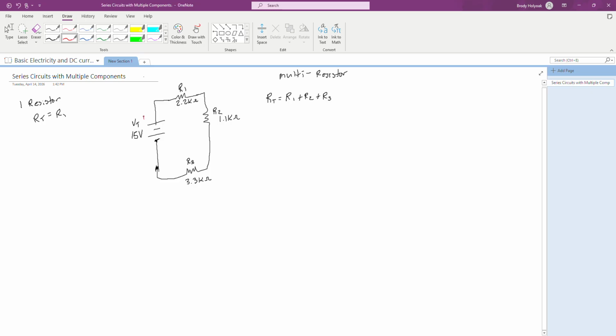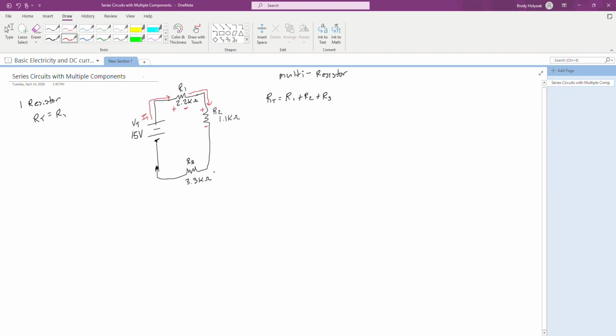So looking from this, I have I total coming out of the positive and coming around. It's going to make this side of my resistor positive because it's connected to the positive side. It's more positive than the other one, which makes this negative. My current then is going to flow out of that resistor, come into R2. Again, my current was flowing from the positive of my source, so this side is going to be more positive than this.